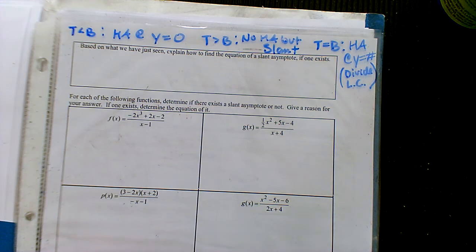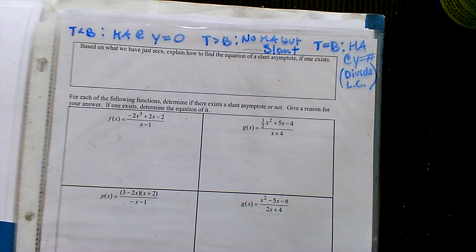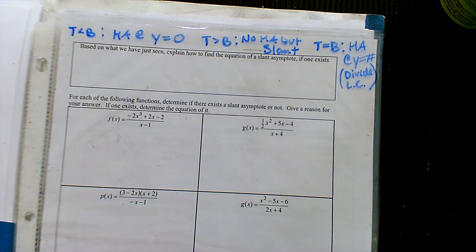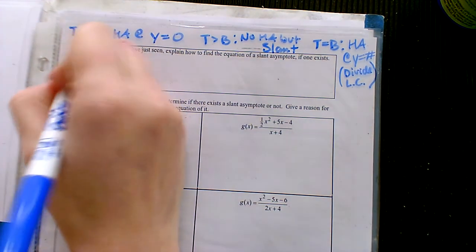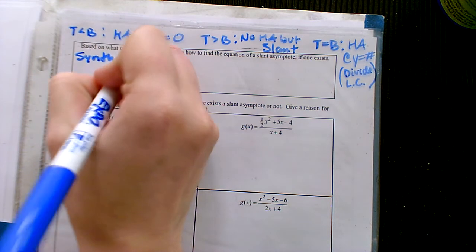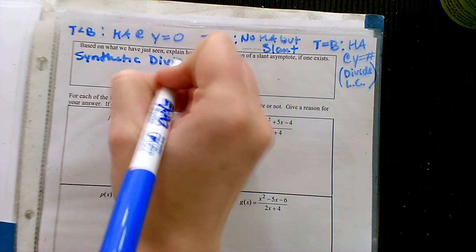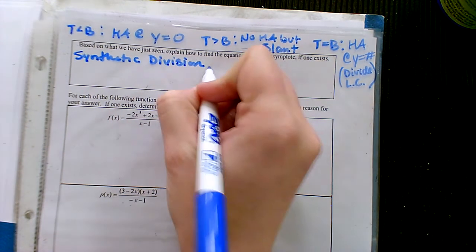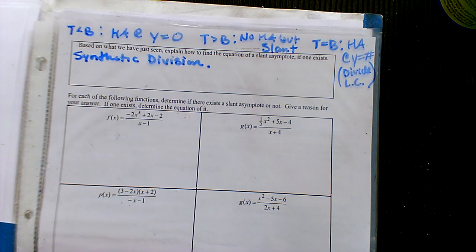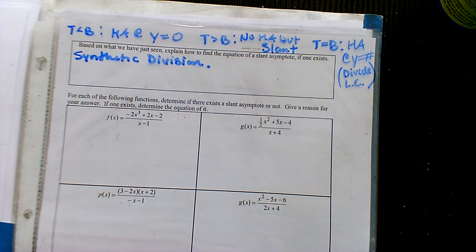If you only had the function of a rational graph, how can you figure out the location of a slant asymptote? Synthetic division. Okay, so we synthetically divided. Once we were done with synthetic division, where did we have to look to find the equation of the slant asymptote? What did we have to pay close attention to?